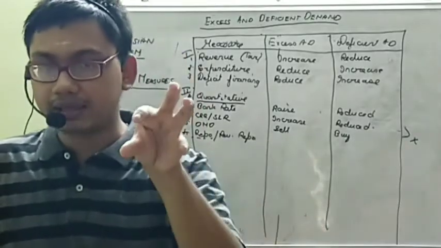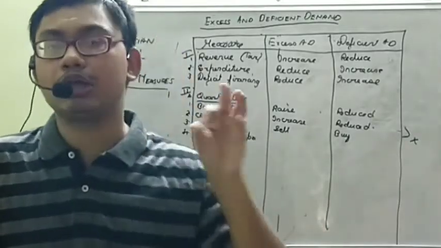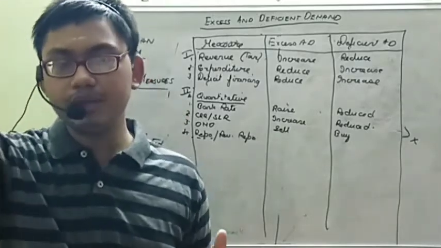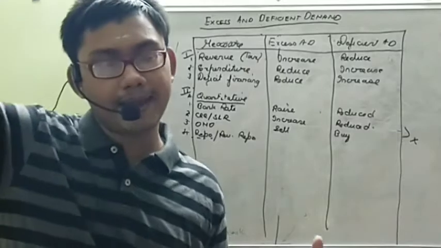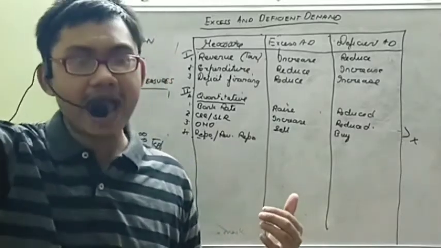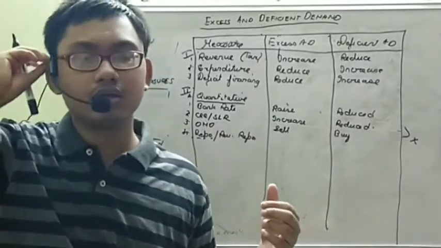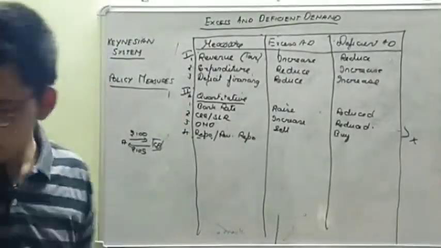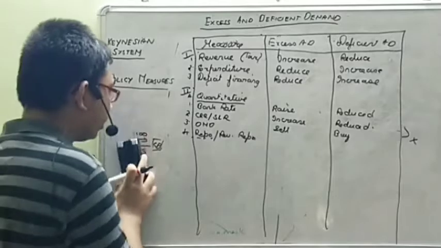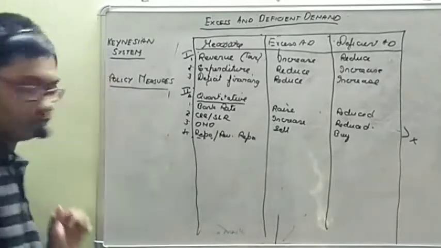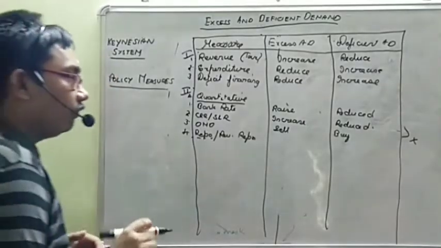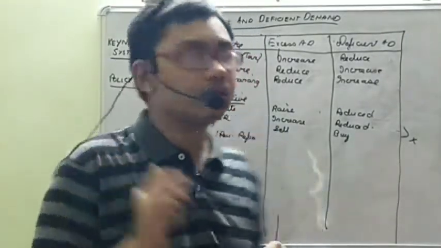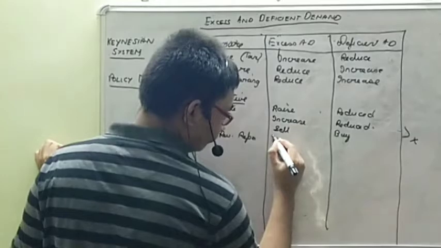This rate is called the repo rate, the repurchasing rate: the difference between the price that will be paid after a period and the price at which the transaction takes place now. That's the repo rate. Okay, this rate can be varied according to the situation. If there is excess demand, the rate should be increased.